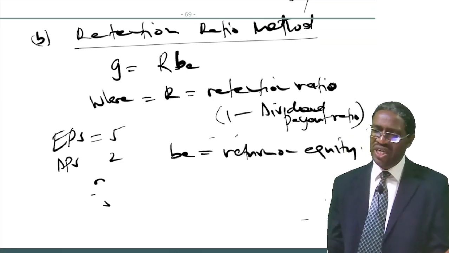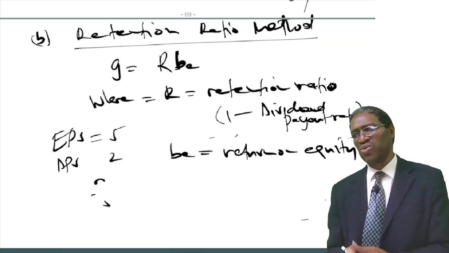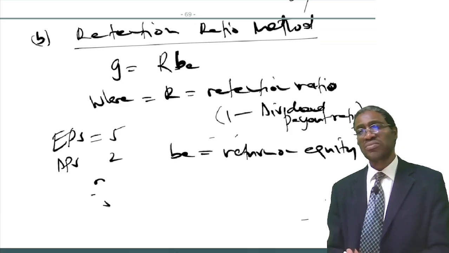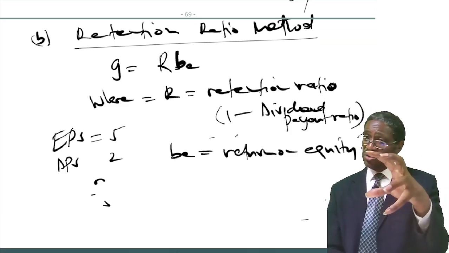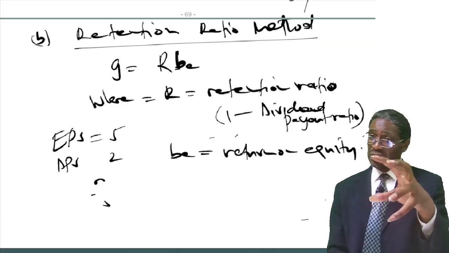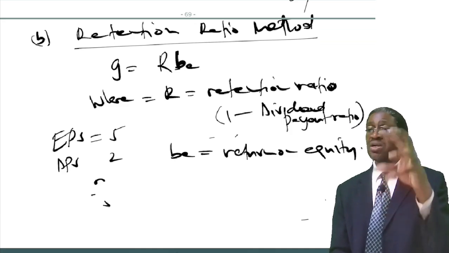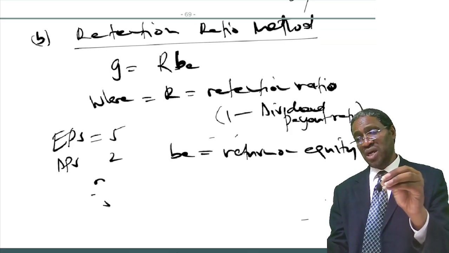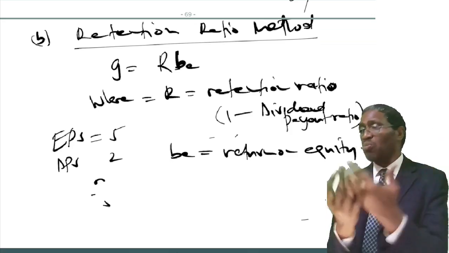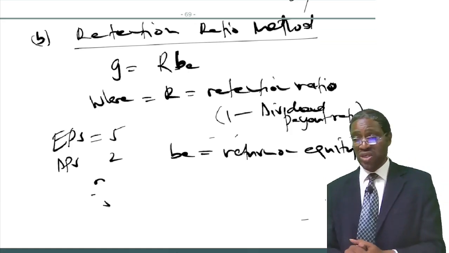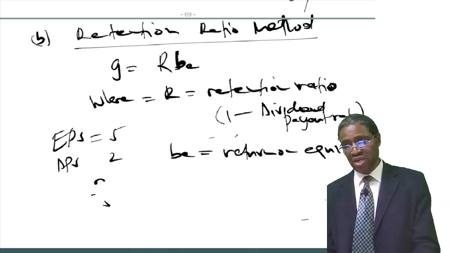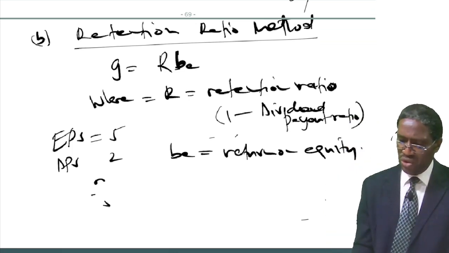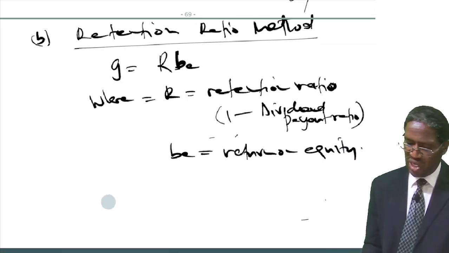It's a ratio like any other. So if you know the retention ratio at 60%, or 0.6, and you are told the return on equity is 20%, multiply those two and you get the growth rate. Are you there? Good. So those are the two methods of determining the growth rate.